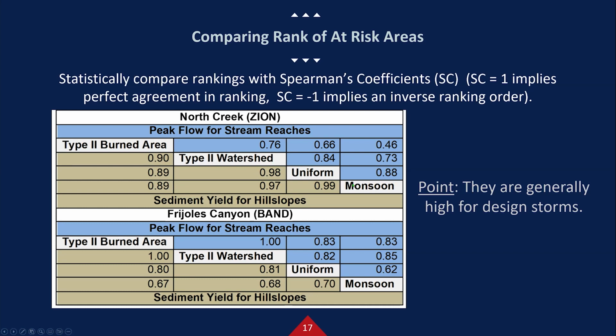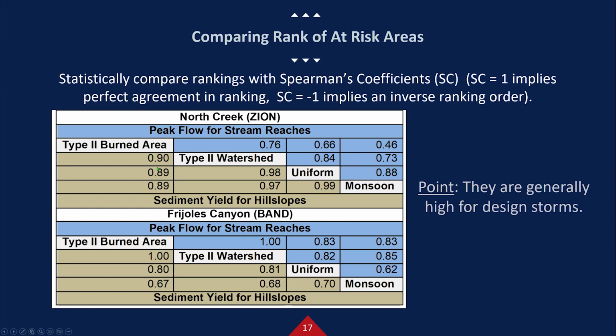Monsoon, this is the radar one, uniform, type 2, only the burned area. And we're going to compare the rankings under these different rainfall scenarios for peak rate on top and peak flow rate for sediment yield. And okay, so the brown is the rank comparison for sediment yield on the hill slopes, and the blue is for peak flow on the stream reaches.